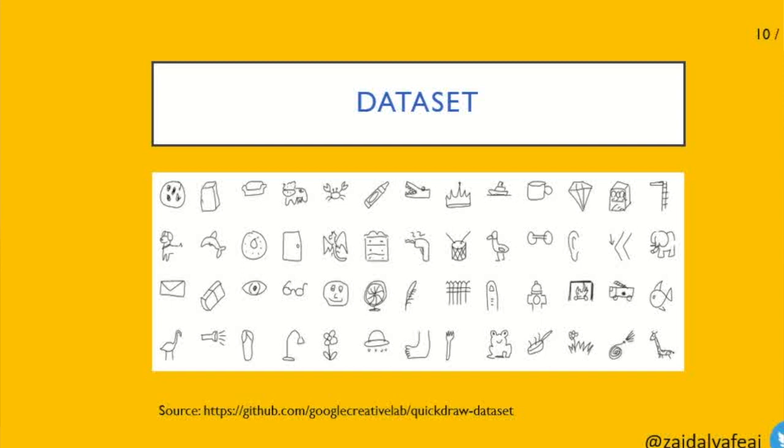You can figure something similar. The nice thing about this dataset is that it was collected from all over the world. Lots of people participated in creating this dataset, and it's really big.